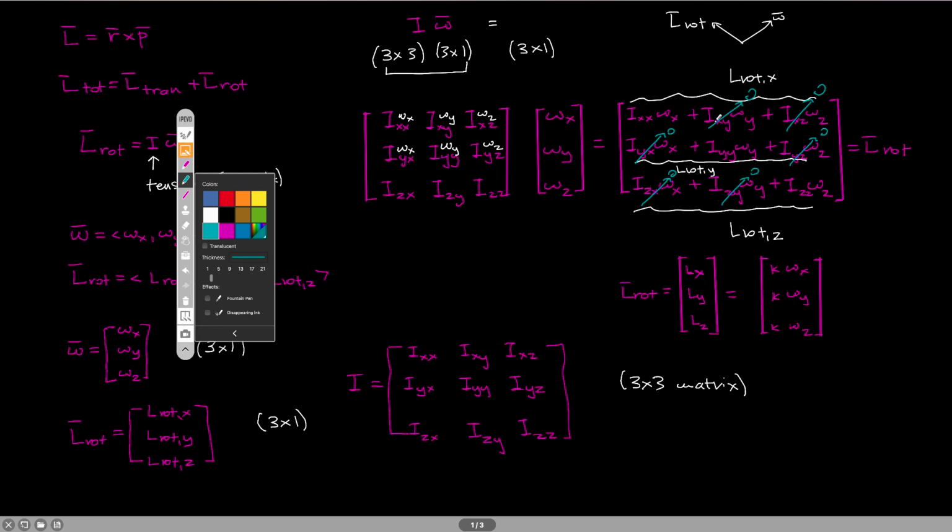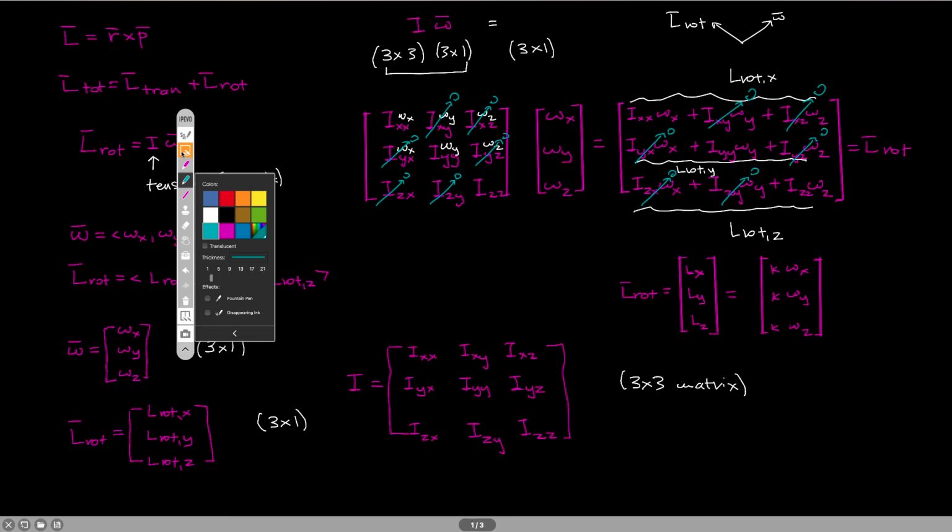Now, if I want to make this term and this term 0, then the Ixy will have to be 0, and the Ixz will have to be 0. Similarly, this and this term need to be 0, and this one needs to be 0. But then, if you take a look, the only numbers that I have left as non-zero in the moment of inertia tensor are the diagonal ones.